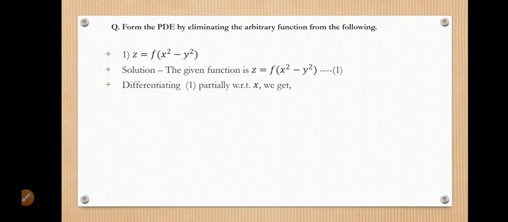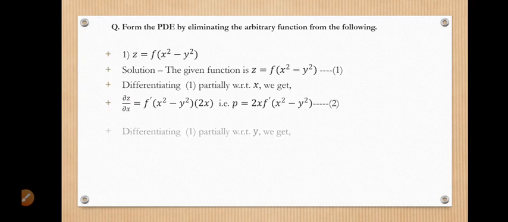So differentiating equation 1 partially with respect to x, we get dou z by dou x, the LHS, equal to f dash of x square minus y square, and the derivative of x square minus y square partially with respect to x is 2x. Now dou z by dou x is replaced by p and the RHS is written as 2x into f dash of x square minus y square.